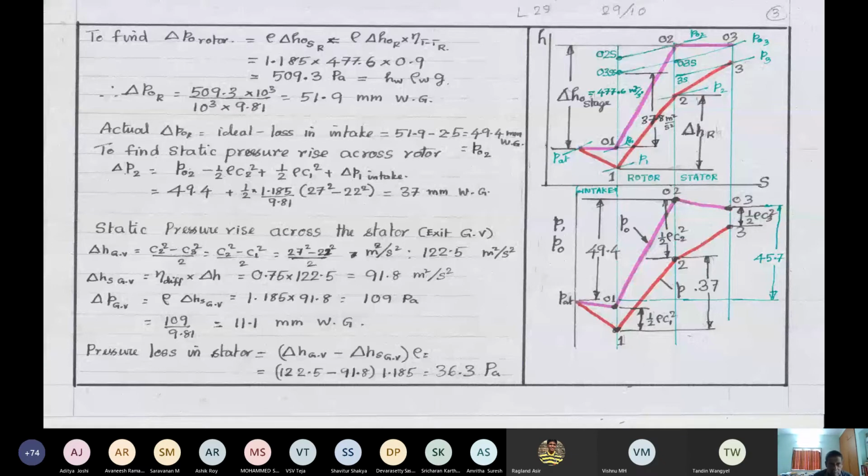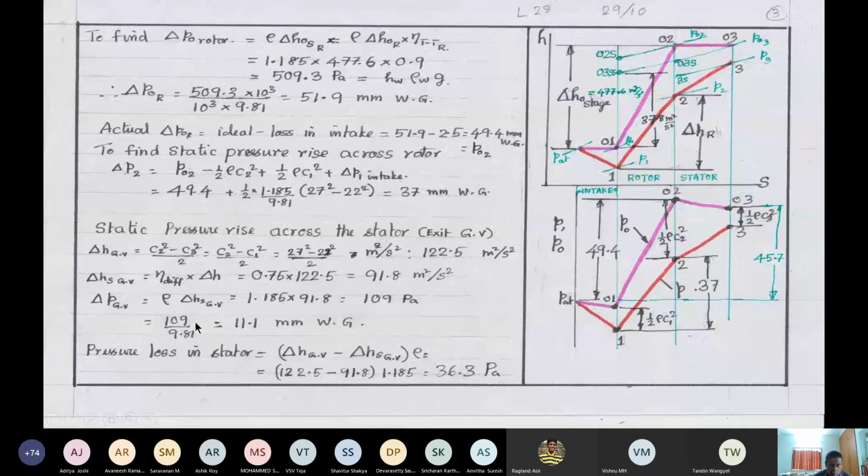So the corresponding delta P is the isentropic change multiplied by rho. We don't calculate rho 2 or rho 3 here. We assume that the density does not vary, and the assumption is valid because the Mach number is less than 0.3, and the speeds are also low. So finally we get the pressure developed as 109 pascals.